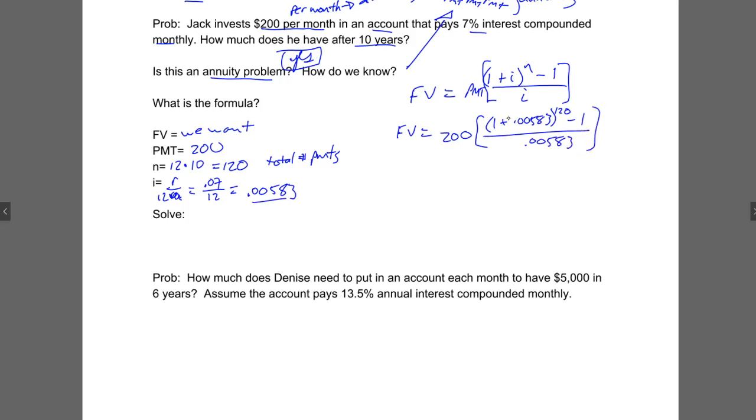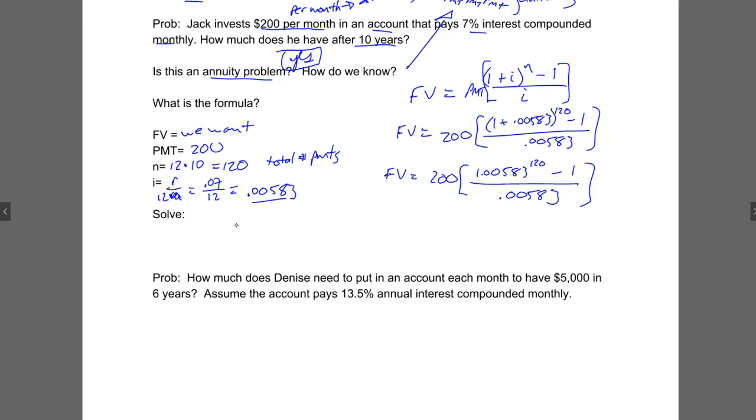You can also leave it all in the calculator and you'll have a more accurate answer. So the future value in this case is 200 times 1.00583 to the 120th power minus 1, over 0.00583. You'll be tempted sometimes to subtract that 1. You have to raise to the power first, then subtract the 1.